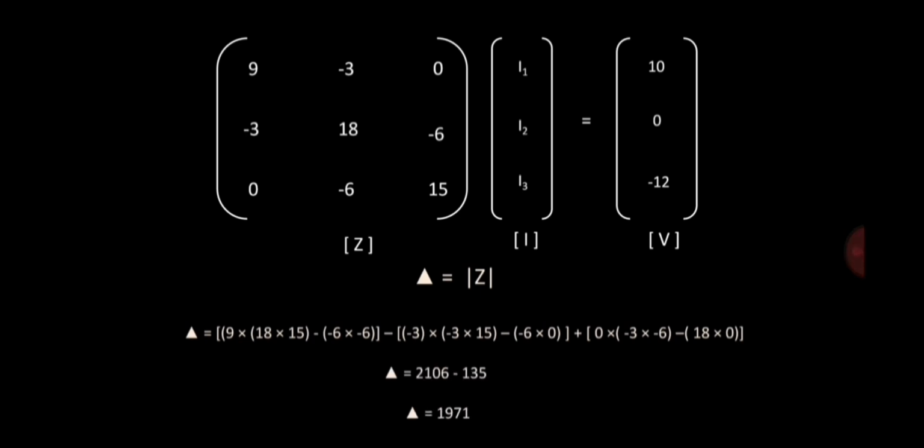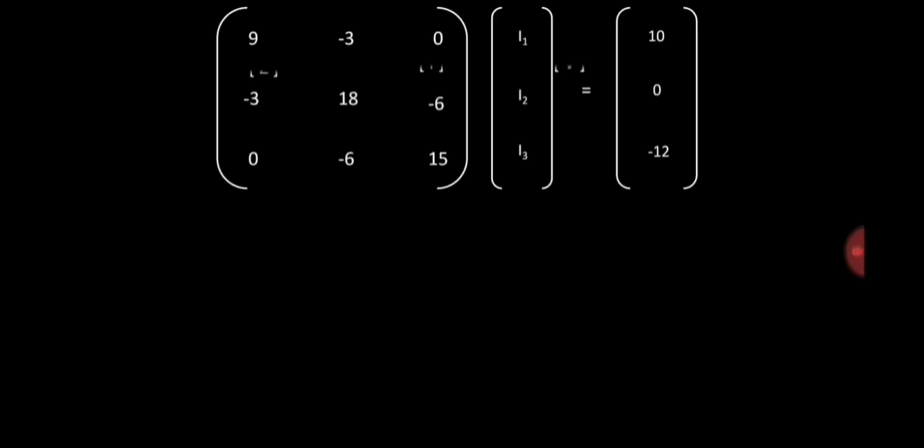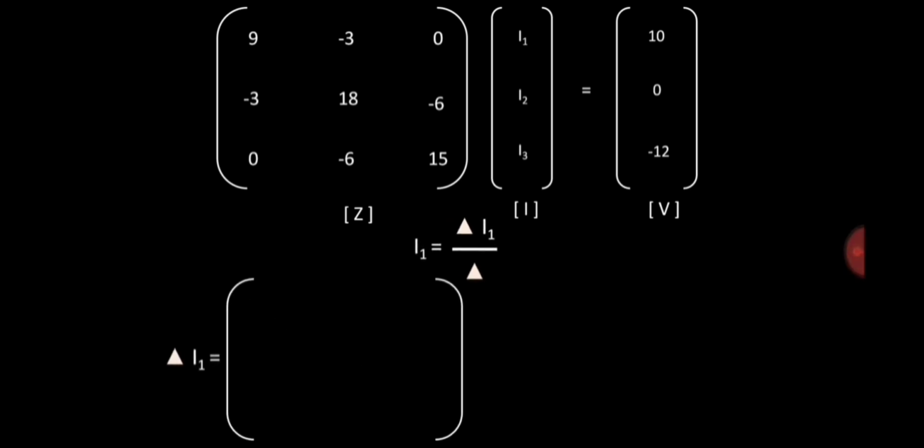So I'll have it as 1971. So this now is for the main matrix. So going for I1, you have to replace the first column with the values 10, 0 and negative 12.